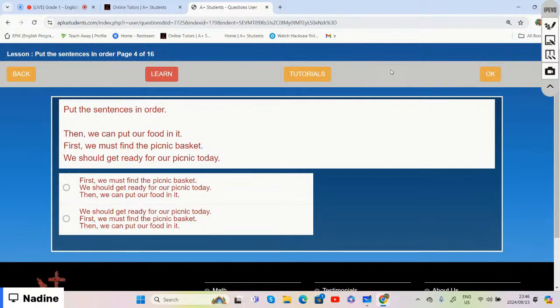First, we must find the picnic basket. We should get ready for the picnic. All right, so we will choose the second option.